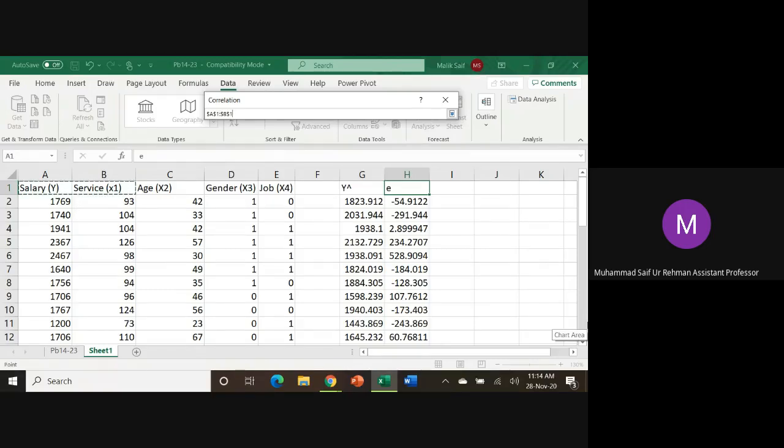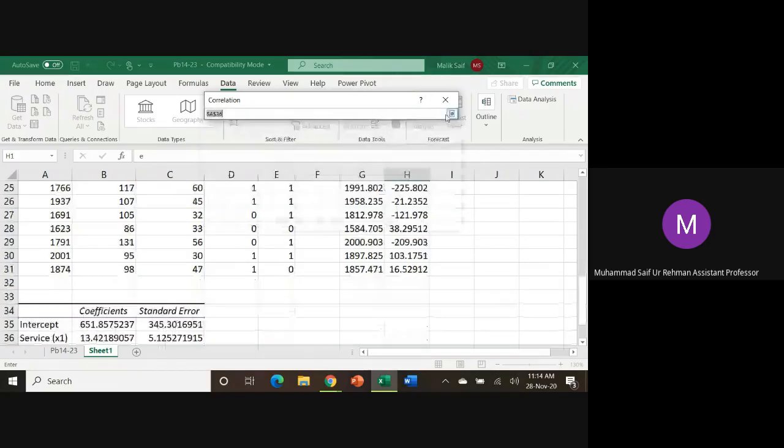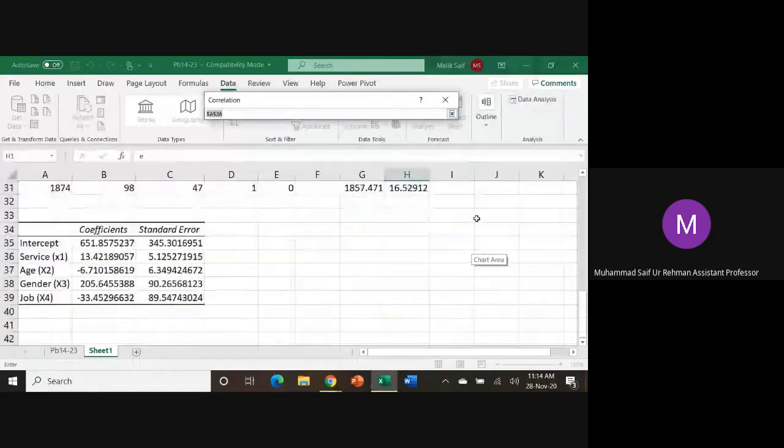You are interested in these two. Okay. And labels are there in the first row. Okay. Output range. Where do you want to give the output range? I want to give it, let us say, over here.